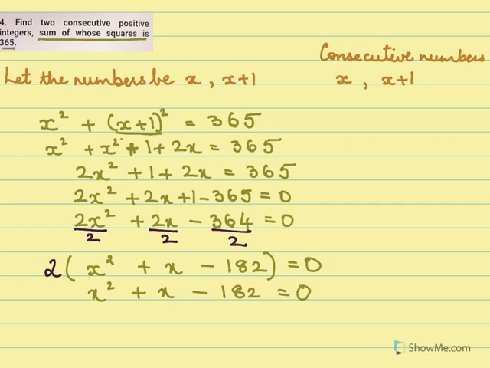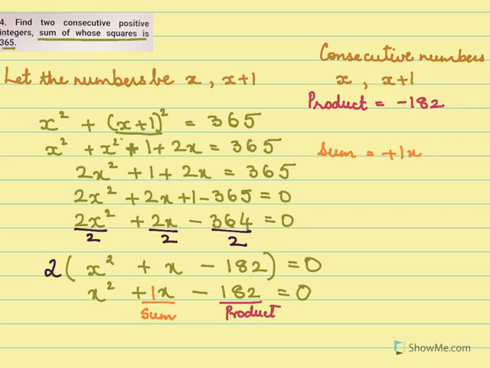And if you recollect, in the last sum we also had product as 182. So in this case 182 should be a product, and this should be our sum. In the last one we also needed the product and we needed our sum as plus 1x.